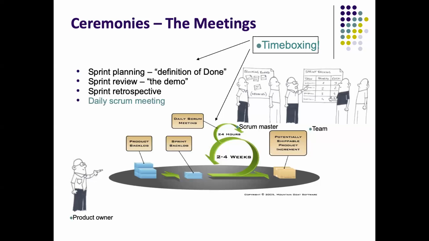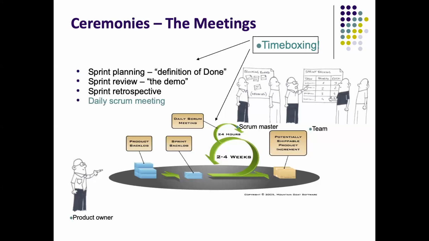Velocity is how much work you can take and complete in a sprint. That is called velocity in Scrum. So how many items can you pick up as a team if the team remains the same and the duration is also the same? Velocity is how many things can be completed in one sprint.